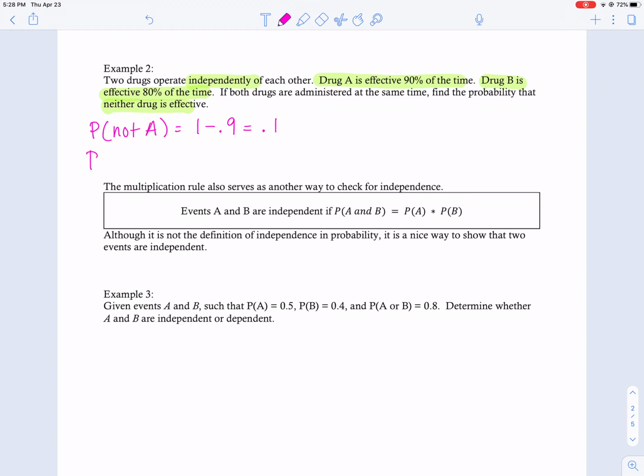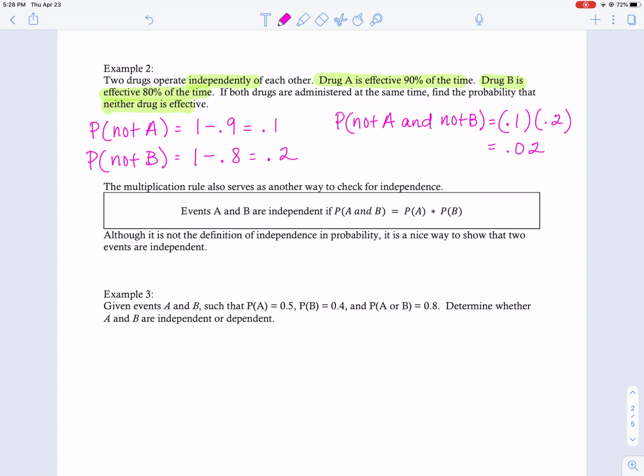So we also need the probability of not B, right? That neither drug is effective. So once again, you're going to do your complement. 1 minus 0.8 would give us 0.2. So the probability of not A and not B would be 0.1 times 0.2, which gives you 0.02.